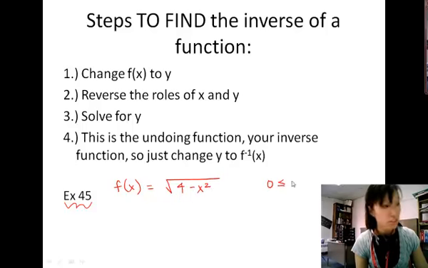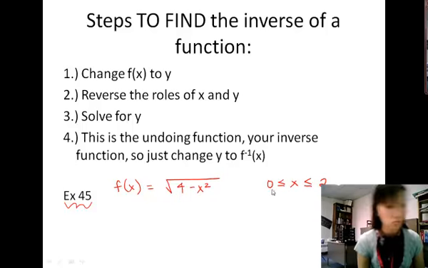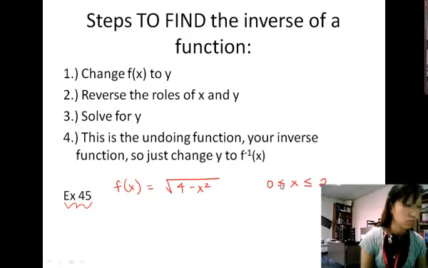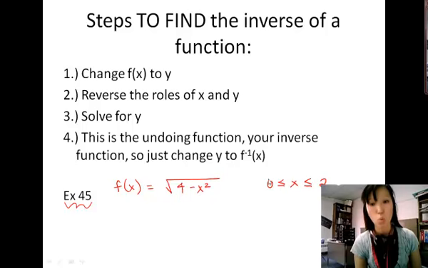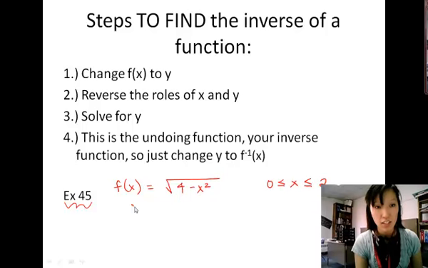Okay, they do give us a domain, and they do give it in interval notation. Alright, here is our domain. So the idea is we're going to change f of x to y.